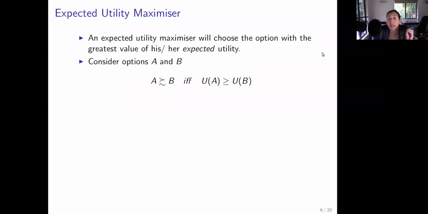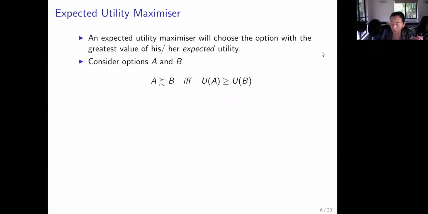But what we care about is the wealth in each event that is going to happen, and the probability of getting each possible event. Then we can compute the expected utility.